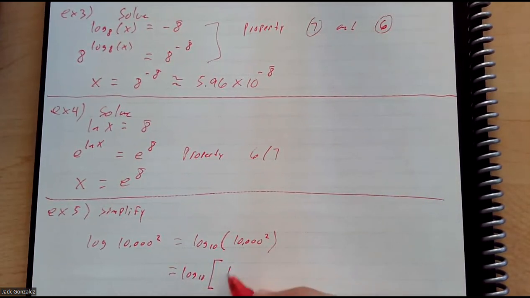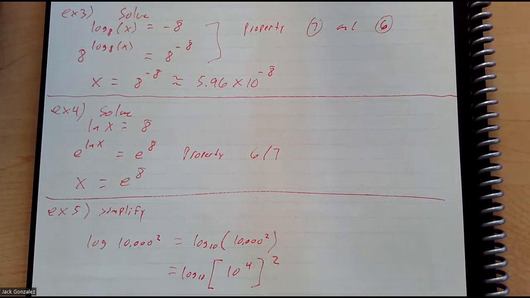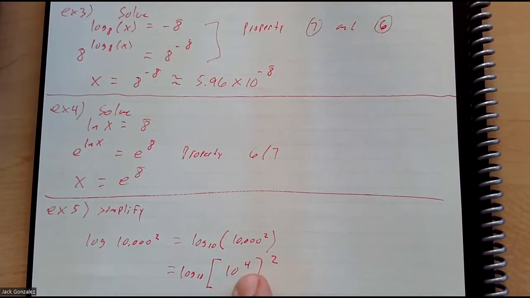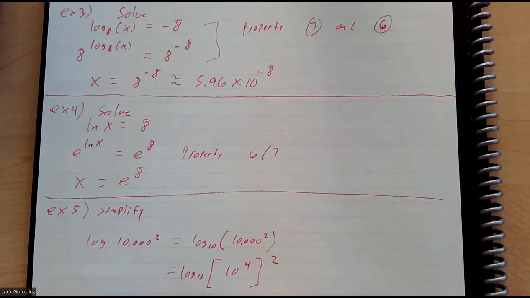You agree that this is the same as 10 to the 4th squared. 10 to the 4th, 10 times 10 is 100, times 10 is 1,000, times 10, 10,000. So 10,000 squared is the same as 10 to the fourth squared. And if you have a power to another power, back in middle school, we said you multiply, right?